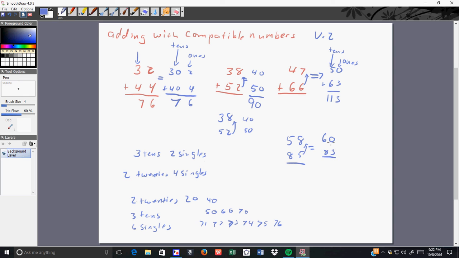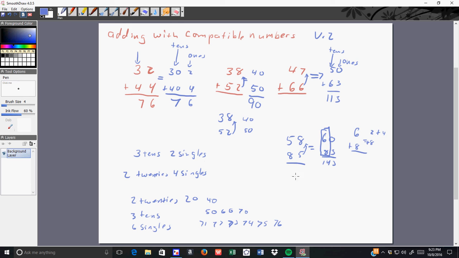That becomes 83. 60 and 80 is 140. Plus 3 is 143. By the way, even when you're adding 6 and 8, if you're not 100% sure, remember, 6 plus 8 is really the same as 2 plus 8, which is 10, but then I'd have to add 4 more, which is 14.